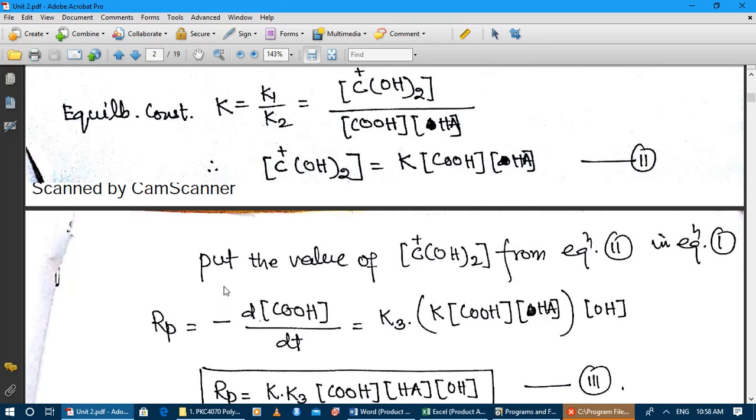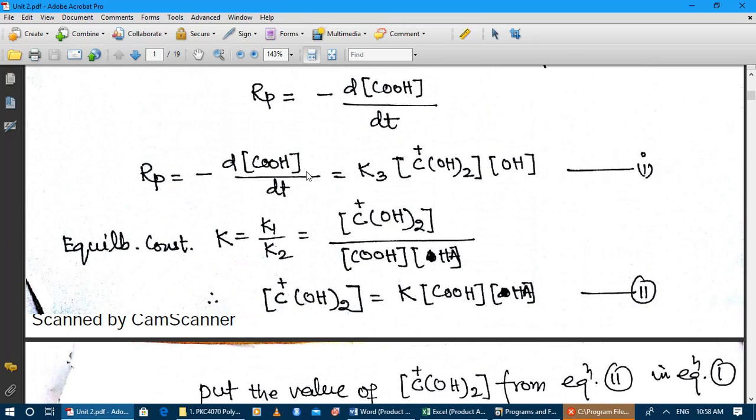Now we can replace the value of the concentration of intermediate 1 from equation 2 in equation 1. Here is my equation 1.